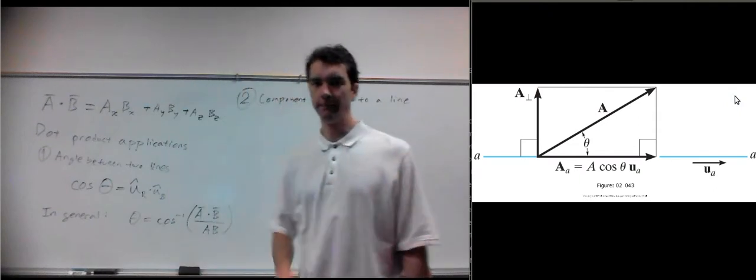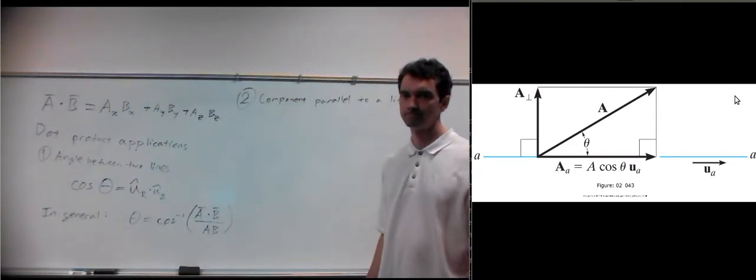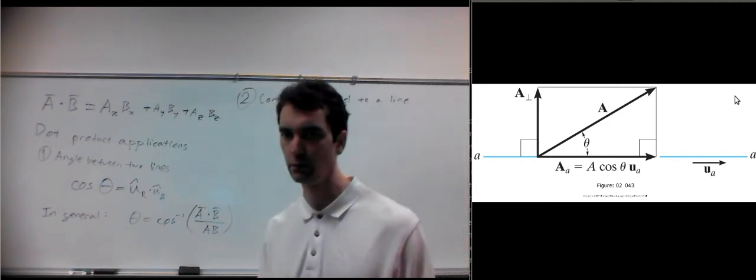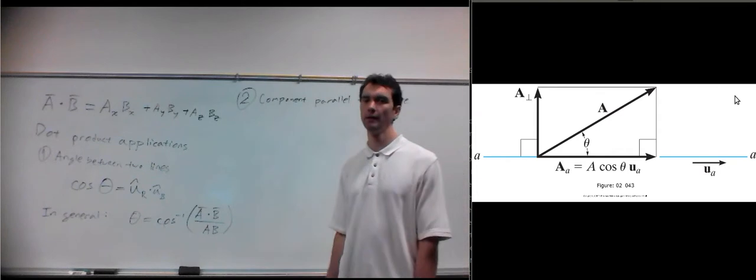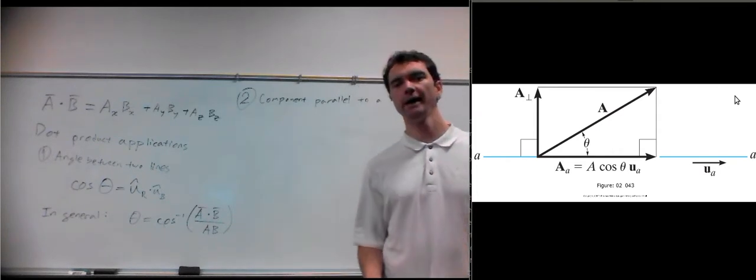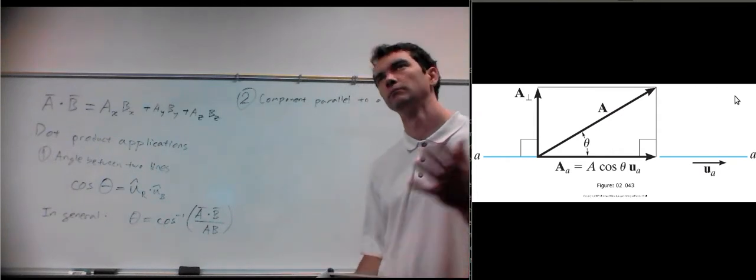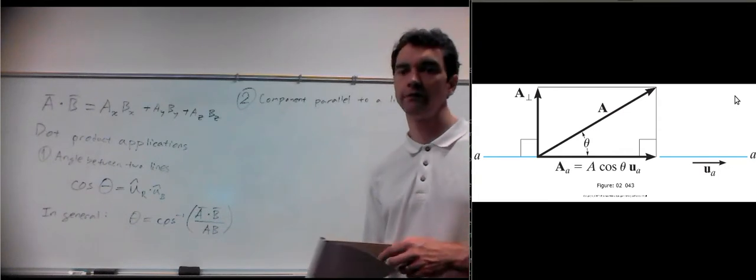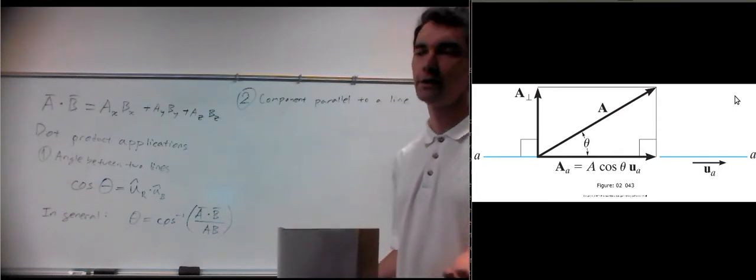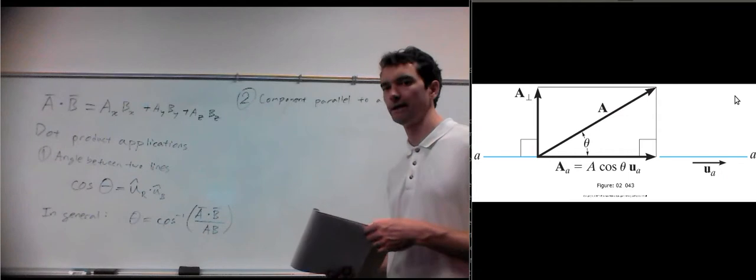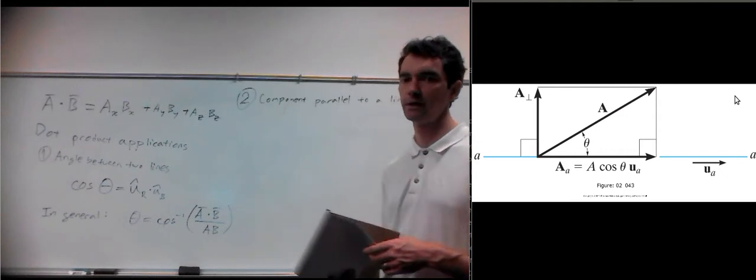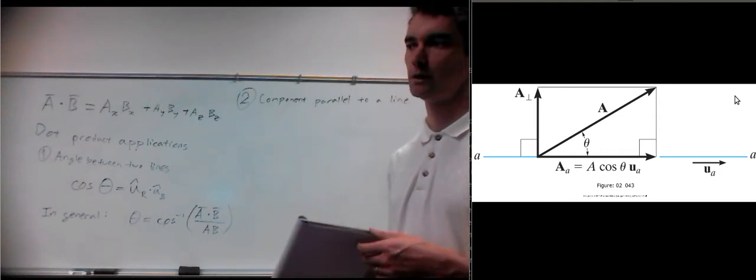So now we've got the vector A, and we have a direction U hat little a. And we want to find the component of A in that direction. So if we know the angle theta already, we can just multiply the magnitude of A times cosine of theta, and that'll give us the component.